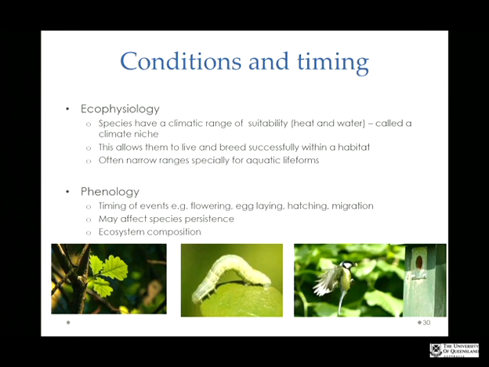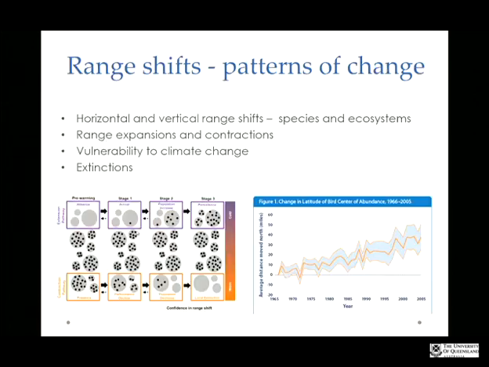So this may affect species persistence a lot, and it will definitely affect ecosystem composition. So the illustration is the great tit, the oak, and the winter moth. So basically the great tits time their egg laying and their chicks hatching for the time when the winter moth larva caterpillar is out there, and they time it for the new oak leaves, which have less tannins in. So as soon as that timing goes out, those 3 species will all be affected.